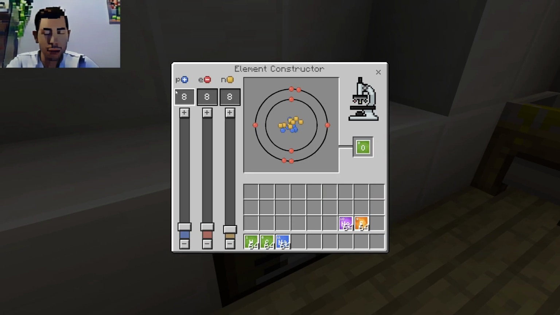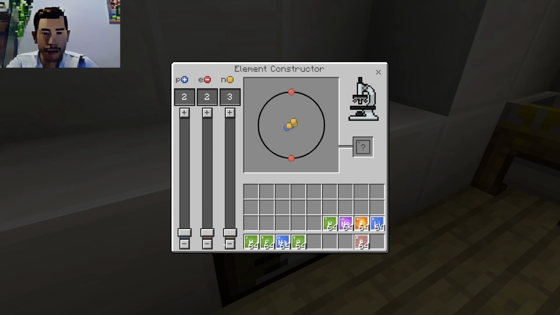This is oxygen, if we have 8 protons, 8 electrons, and 8 neutrons. This is nitrogen. Carbon, we just learned. This way we can get boron. Lithium. Helium.